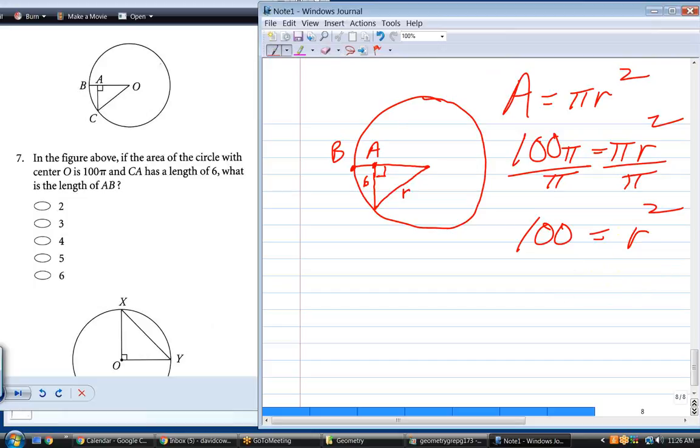No, that's not 2r, it's r squared. So it'd be 10. My bad. Okay, we've solved for r. That's 10. Now, do we know what OB is?